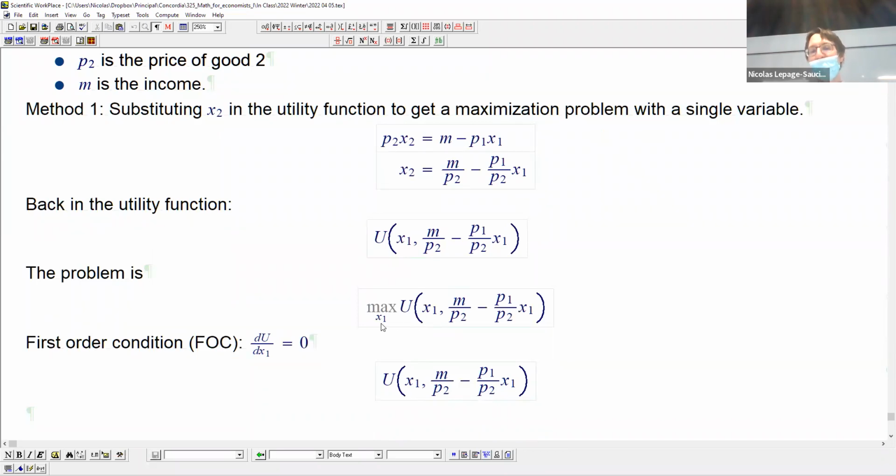First of all, when I increase my consumption of good one, then I'm happier because I get more good one. But knowing that I'm satisfying my budget constraint, I'm also going to lose some good two, because I have to exchange some good two I had, sell it, and buy some more good one.